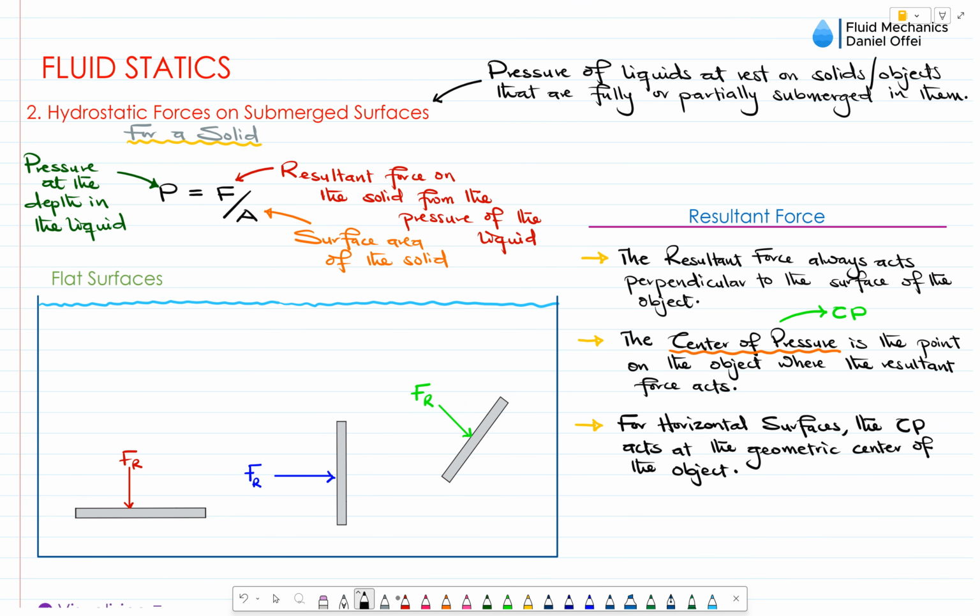For a horizontal surface, the center of pressure acts at the center of the object, and the center of pressure for vertical surfaces always acts below the centroid.